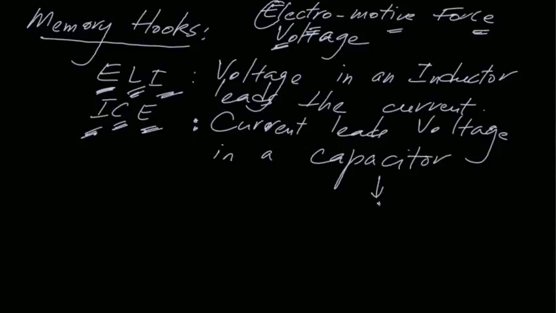The letter C reminds us that it's a capacitor. Current is represented with the letter I, and voltage is represented with the letter E. Ice, ice, baby. I can resist it. Anyway, I apologize.